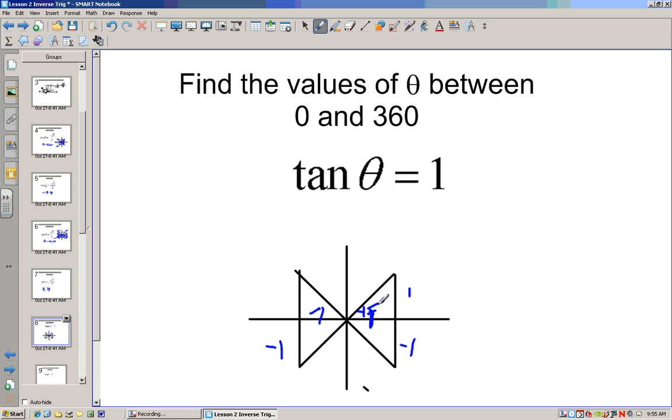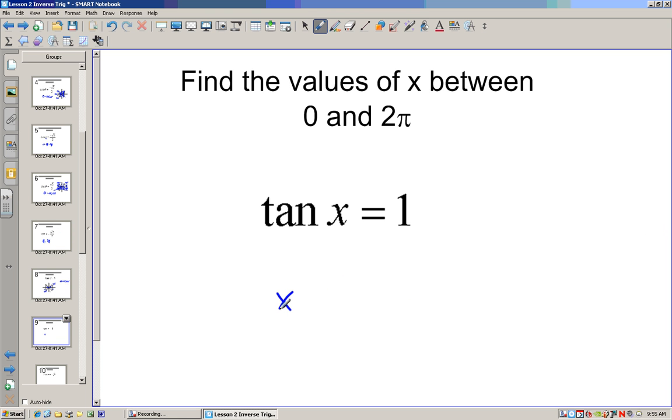Now those are 45, 45, 90 triangles. So this one is 45, and this one is 45 past 180 to get to 225. So 45 and 225. Now if we do that using x, 45 is pi over 4, 225 would be 5 pi over 4.